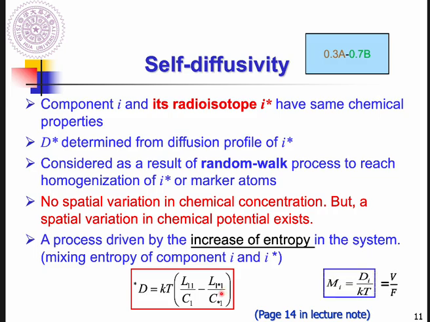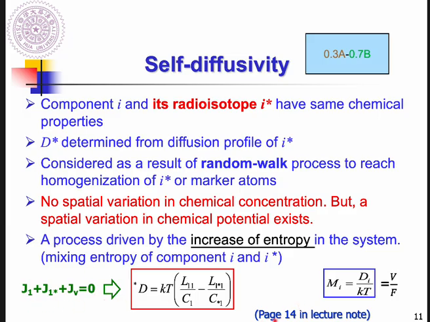If you find this hard to remember or understand, I'll give you a hint. Diffusivity divided by kT can be considered as a mobility. So what you have here is a mobility minus the mobility related to the radioisotope.